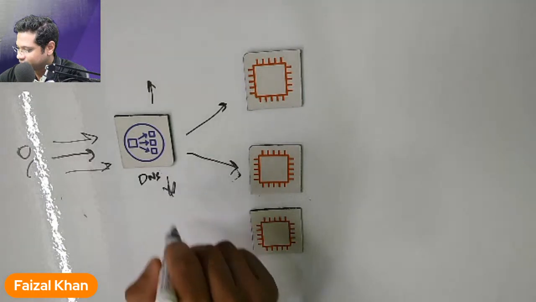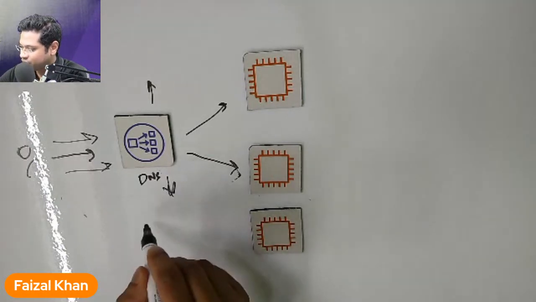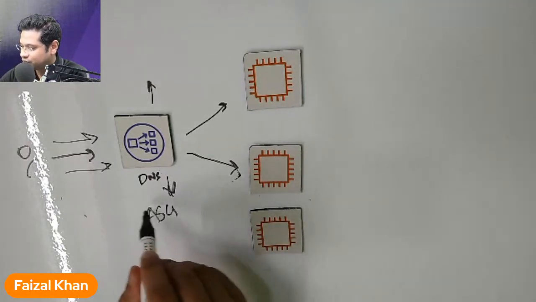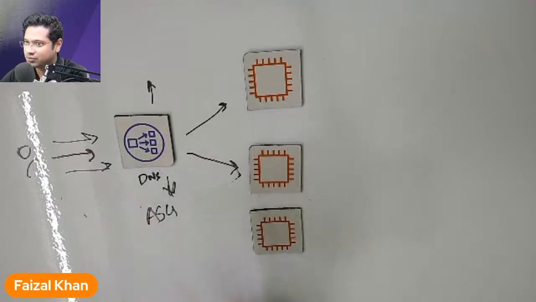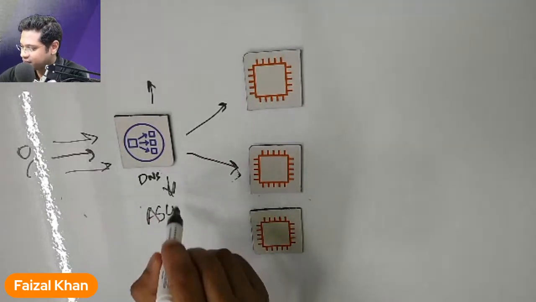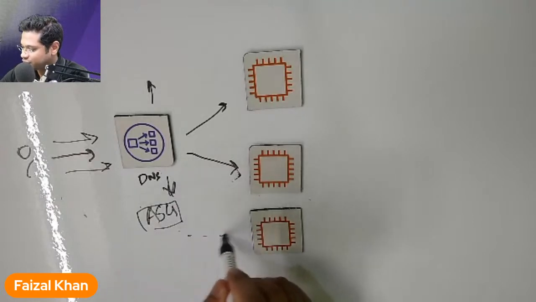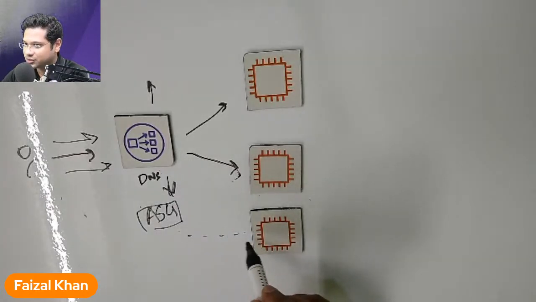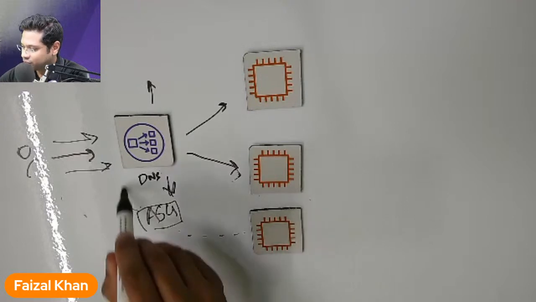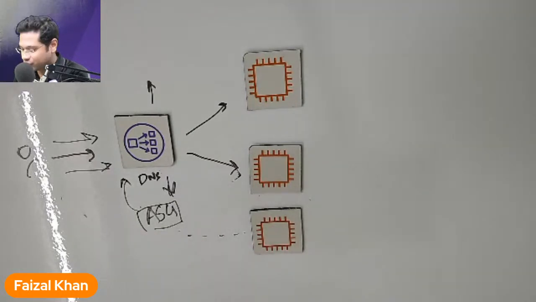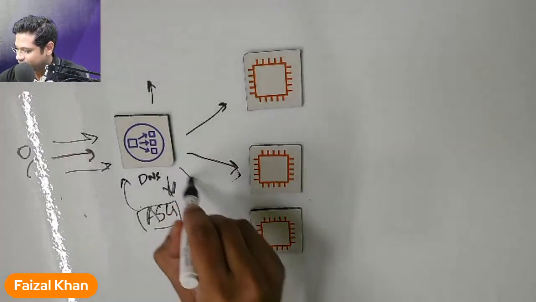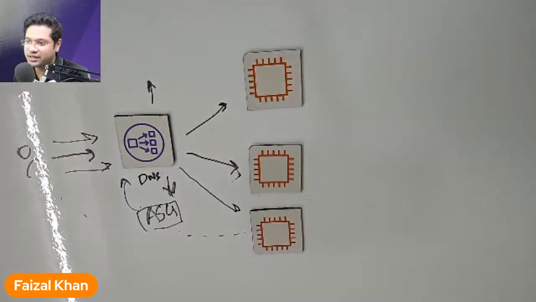When you assign the auto scaling group as part of your load balancer, the auto scaling group launches this EC2 instance. And once it gets launched, it will inform the load balancer that I have just launched a new instance, so go ahead and send traffic to it. Then obviously the load balancer will start splitting the traffic across these EC2 instances as well.